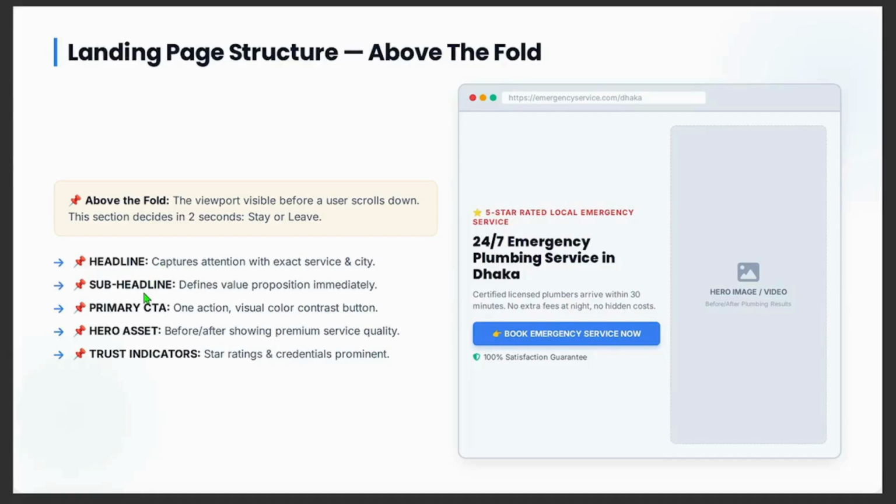Second, a clear CTA button like book emergency service now. And third, trust indicators like a 5-star Google rating or years of experience. If you get this section right, users will stay. If you get it wrong, they will leave your website immediately.